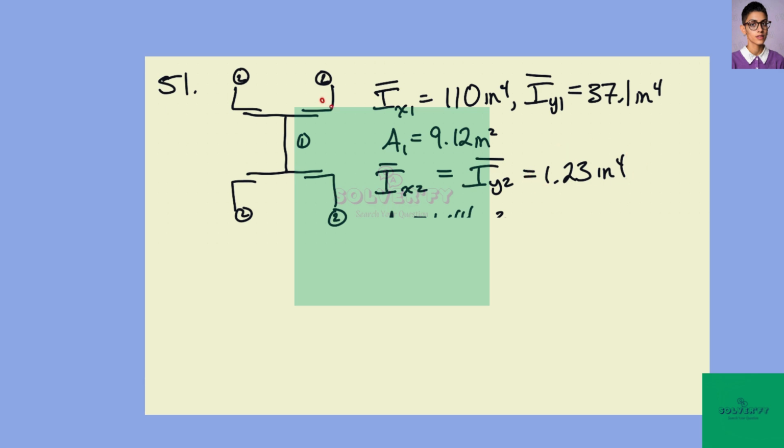So its centroid is going to be something here, and because of symmetry about that axis, the x and y area moments will be the same. Now, they have an area of 1.44 inches squared.